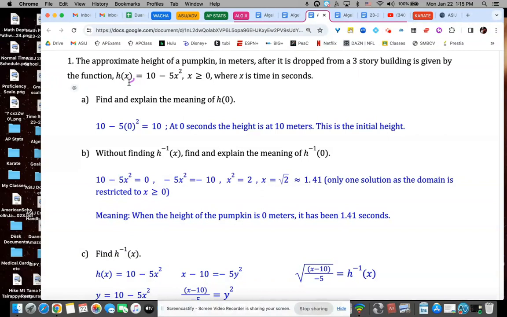So you're kind of replacing the whole h of x with 0. That's what goes in there. Okay, so you can see that here. Whole equation equals 0. Using PEMDAS, you work backwards, right? Just subtract 10 from both sides, divide by -5 on both sides, and then you get down to this square.